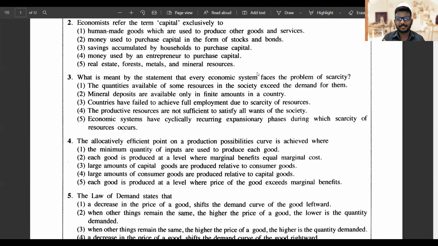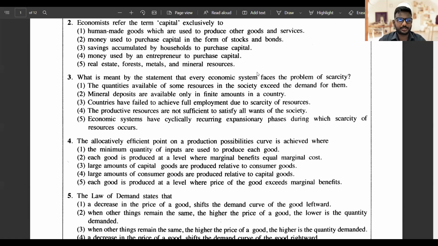That is not a shortage situation where there's excess demand. They are saying the quantities available exceed the demand for them. No, it's the other way around. Not a shortage, but an excess supply situation where supply exceeds the demand. So that's not a scarcity problem.